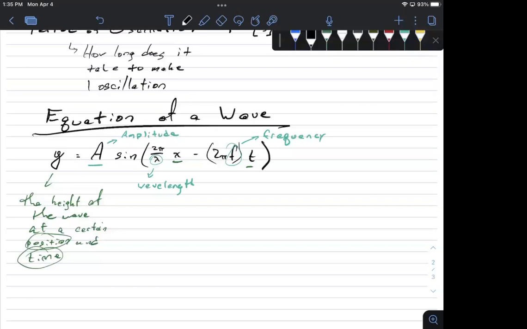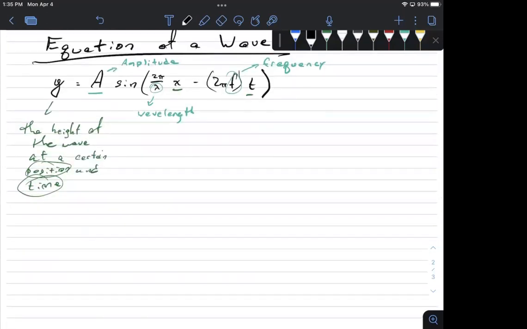Because although I use the wavelength, I use it as 2 pi over lambda. I don't just use lambda by itself. So let's come up with something which is 2 pi over lambda and call that thing something else. So I'm just going to rename this thing 2 pi over lambda, and I call it k, little k. And what is little k? It's called the wave number.